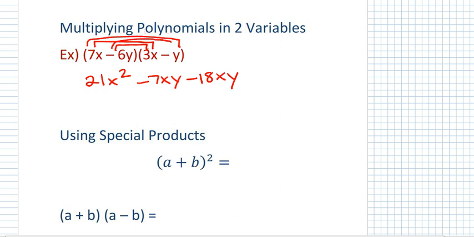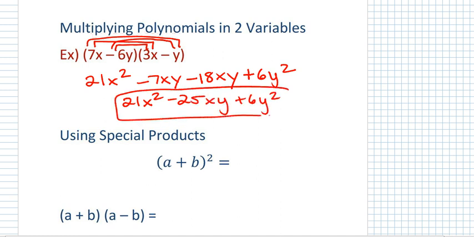And negative 6y times negative y is positive 6y squared. And you just combine like terms. So that gives you negative 25xy plus 6y squared. Same as the other one, just two variables instead of one. But yx and xy are the same, so always write it in alphabetical order. If you have yx, make it xy.